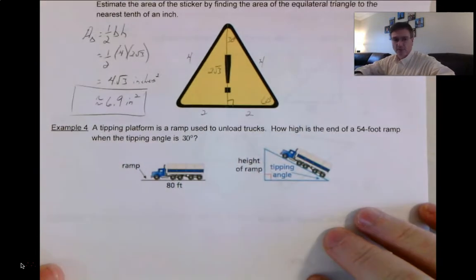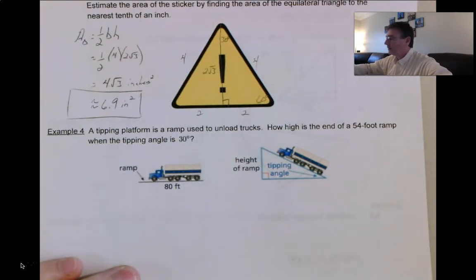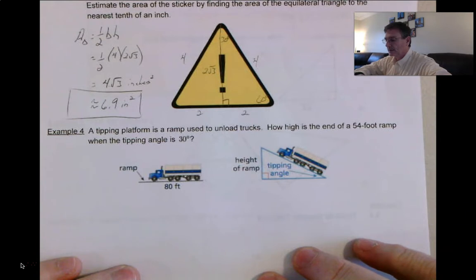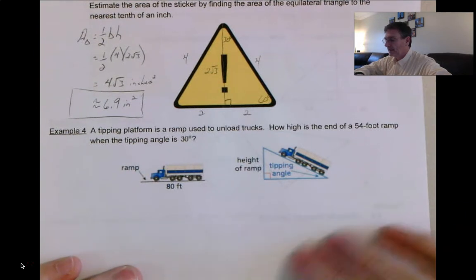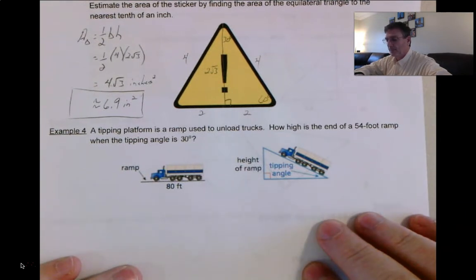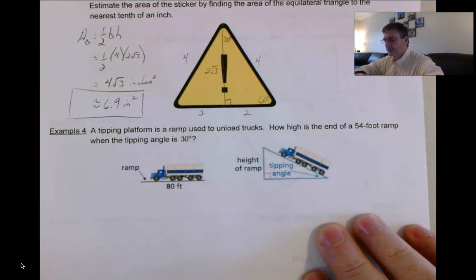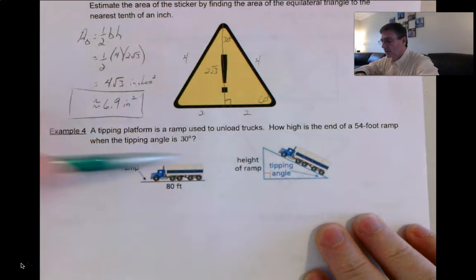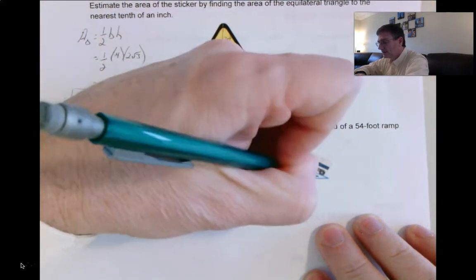All right, example 4. A tipping platform is a ramp used to unload trucks. How high is the end of the 54-foot ramp when the tipping angle is 30 degrees? So this here is 30 degrees.